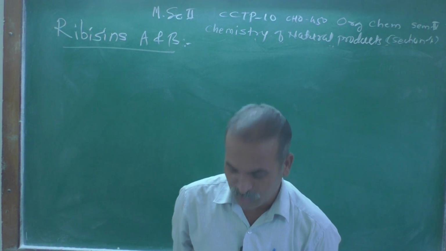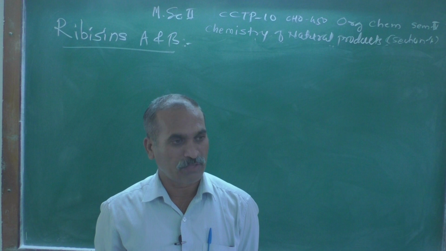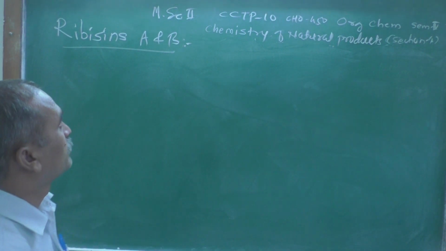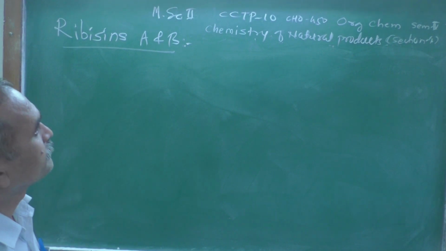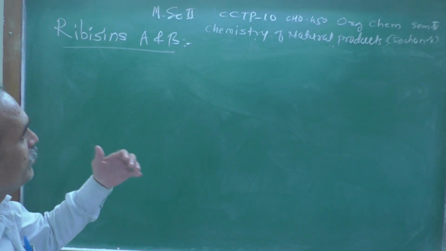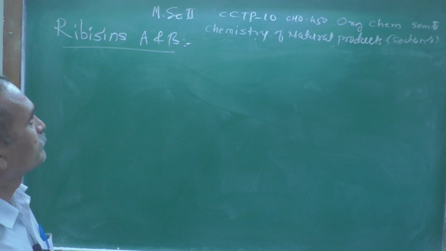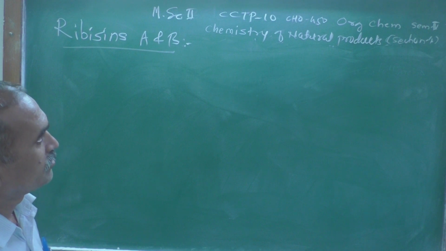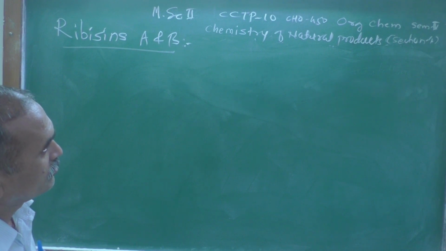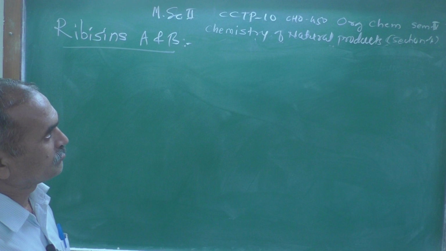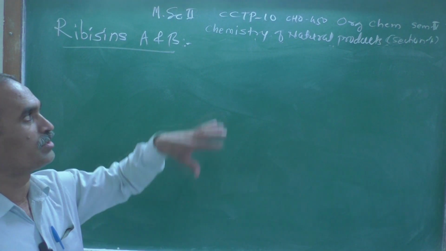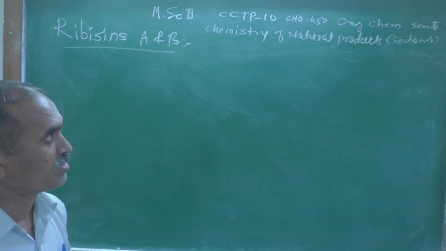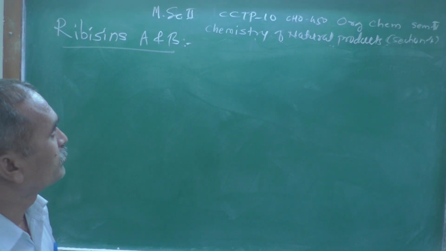Today what we are going to discuss: we are learning MSc second CCTP 10, previously known as CHO 450, belonging to organic chemistry, semester number 4.